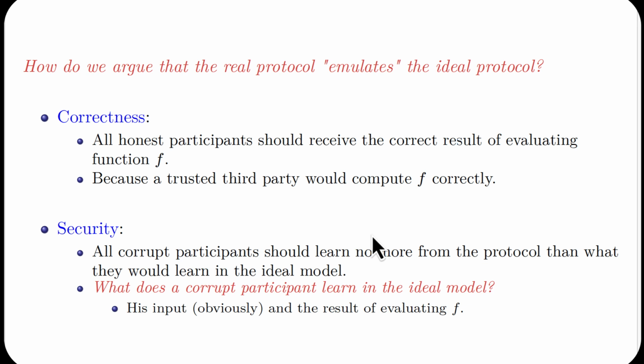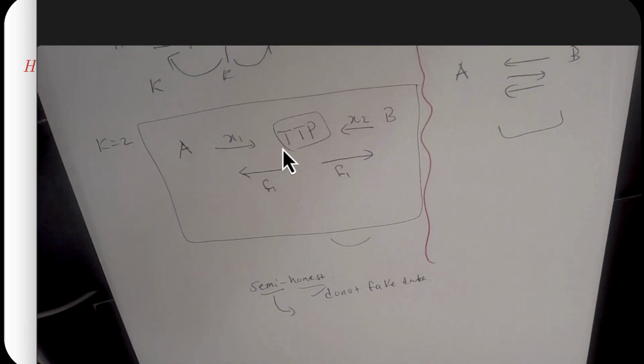Okay. So when you talk about the correctness, if you look at the scenario that we have here for the trusted third party, each party sends their private information, then the trusted third party can perform the computation, compute the function, then share the result. Everything is going to be fine, and the outcome is definitely the right answer.